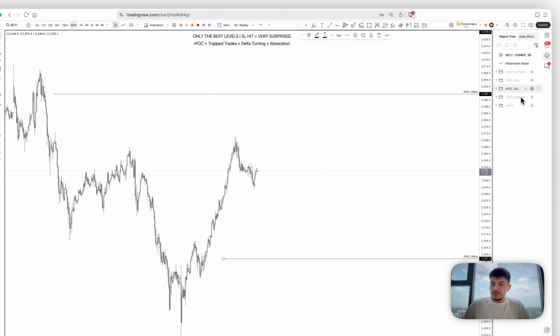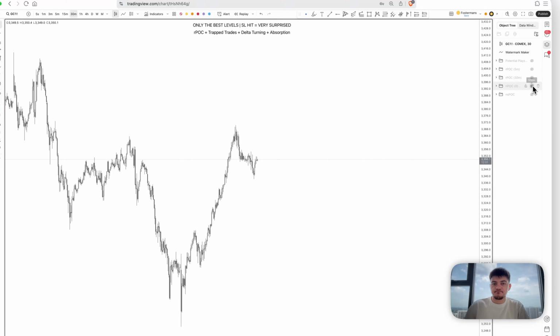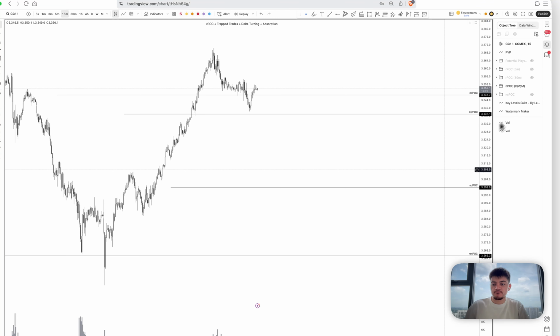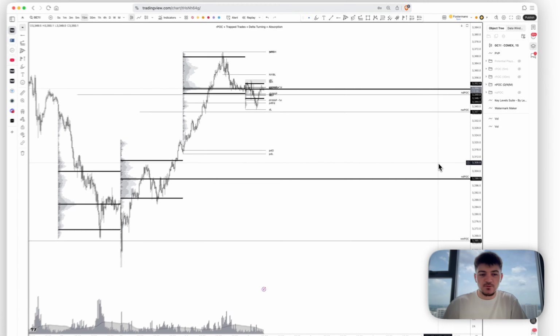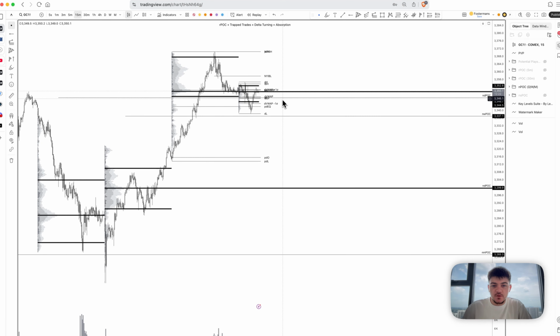Okay, now we can look at these dailies and the weeklies. Let's see what we got. This is gone.